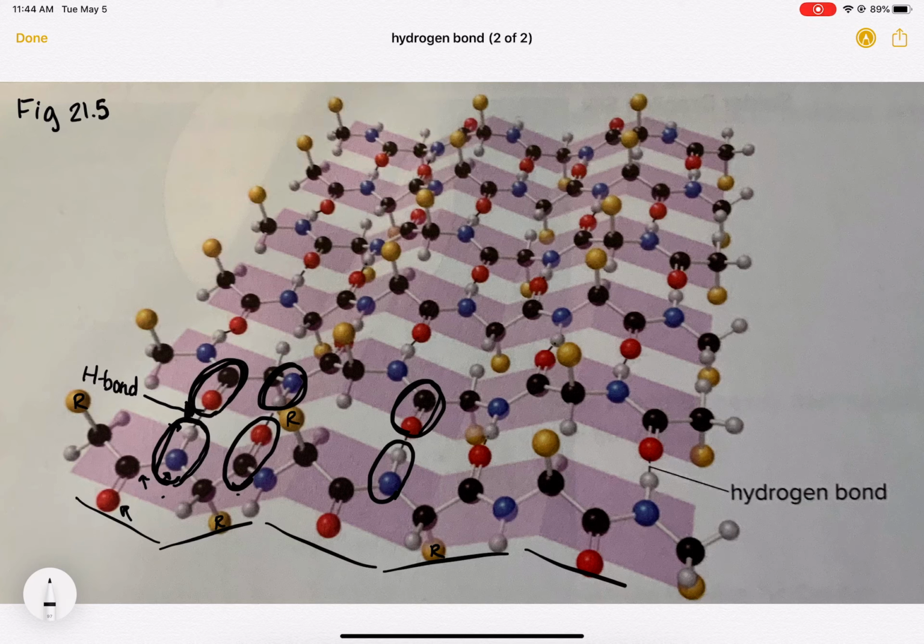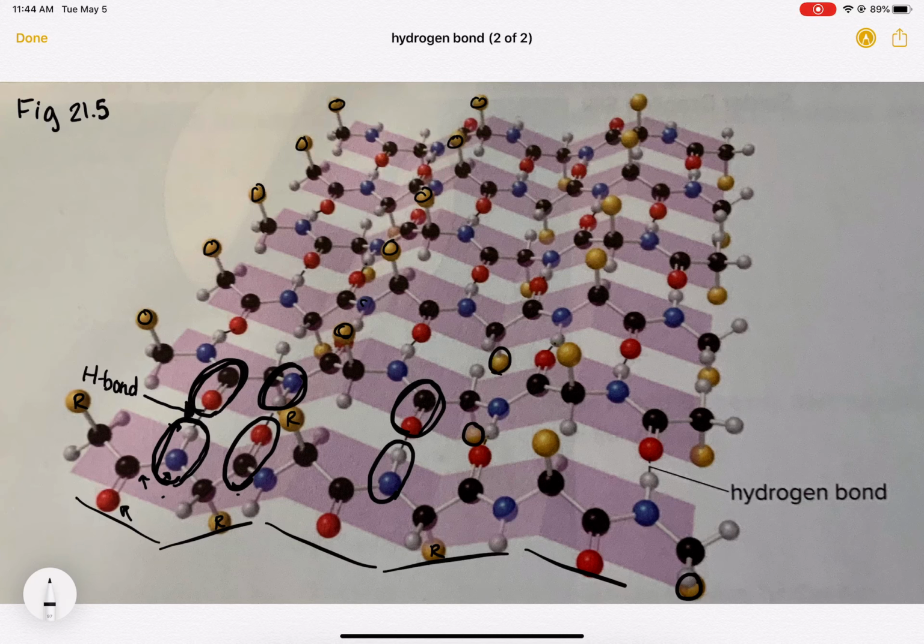In the beta pleated sheet, this part is a little bit hard to see from the diagram, but all of the R groups are either sticking up above the sheet, those are the easiest ones to see, or they are sticking down underneath the sheet.